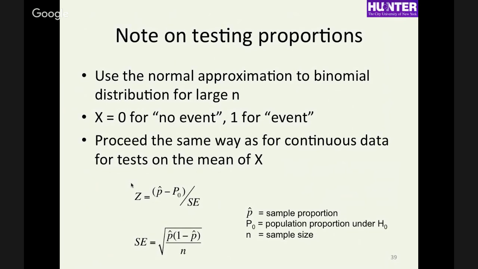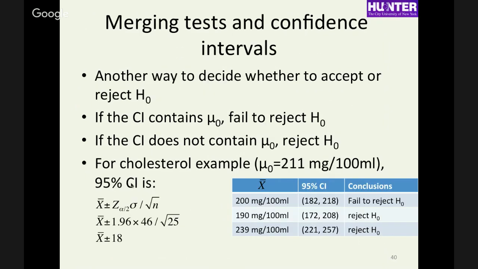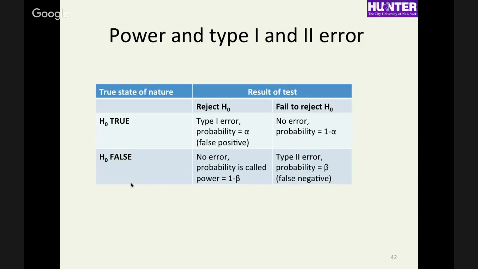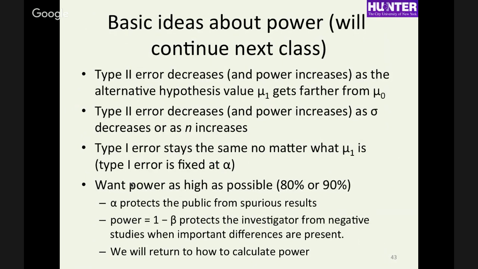Just quickly, as with everything else we've done with proportions, you learn an extra little trick about how to estimate the standard error, and then everything else is the same as with means. But I'll go over this next class and continue with the type 1 and type 2 errors next class as well.